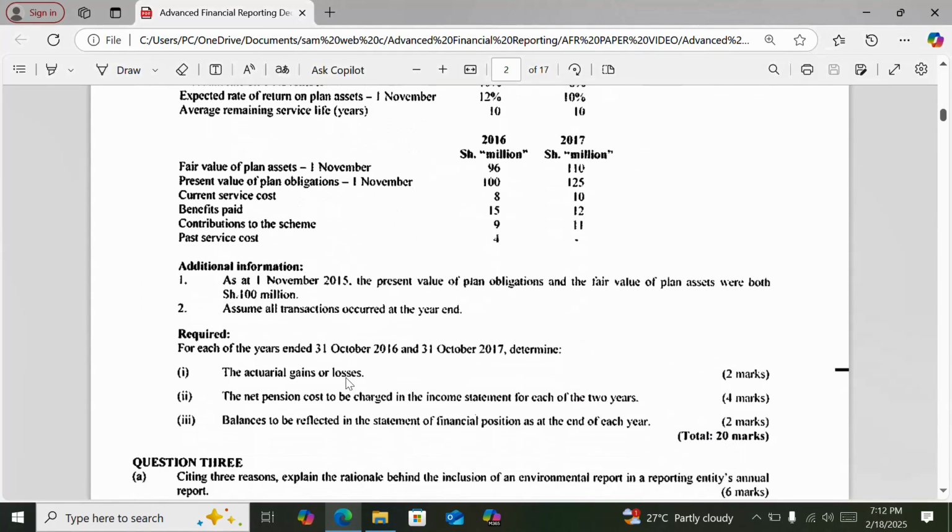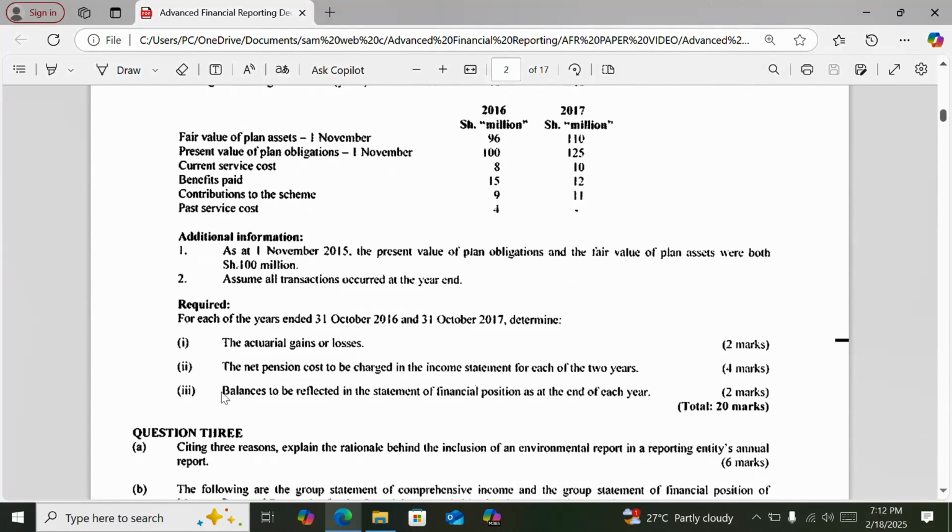Then part C required, for each of the years ended 1st October 2016 and 1st October 2017, determine the actual gains or losses, the net pension cost to be charged in the income statement for each of the 2 years, and the balances to be reflected in the statement of financial position as at the end of each year.